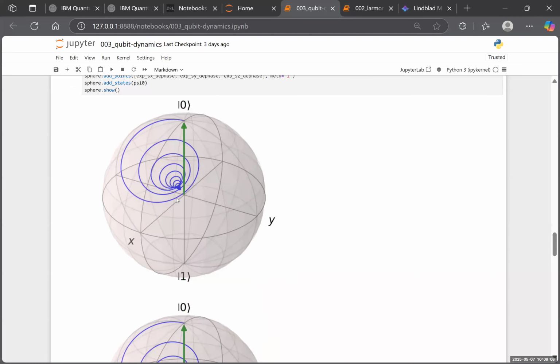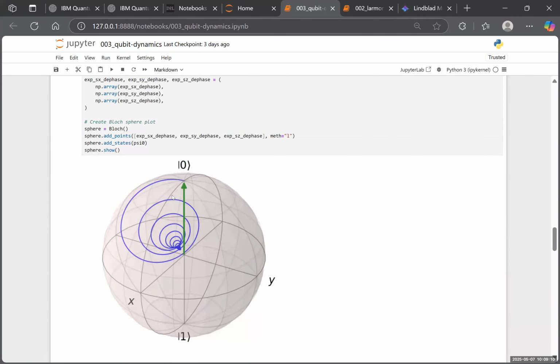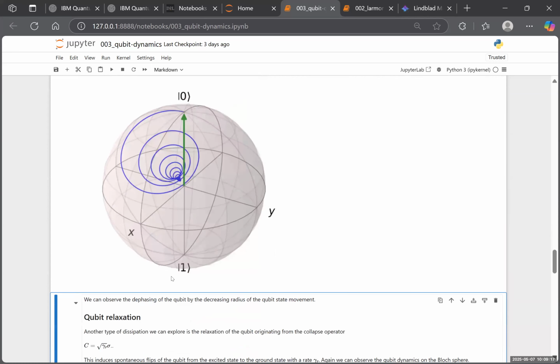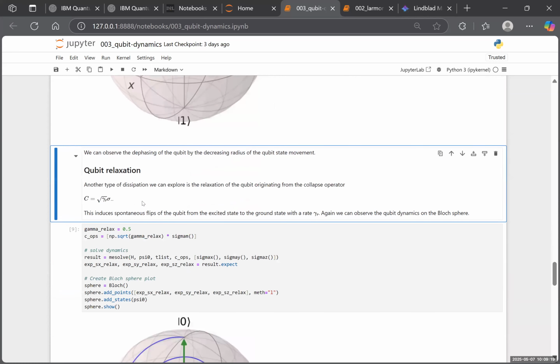Okay, so this is for the dephasing. You see it actually going inside the sphere, it's no longer on the surface. And if we consider relaxation, like a qubit from the excited state up can decay to down using the sigma minus.